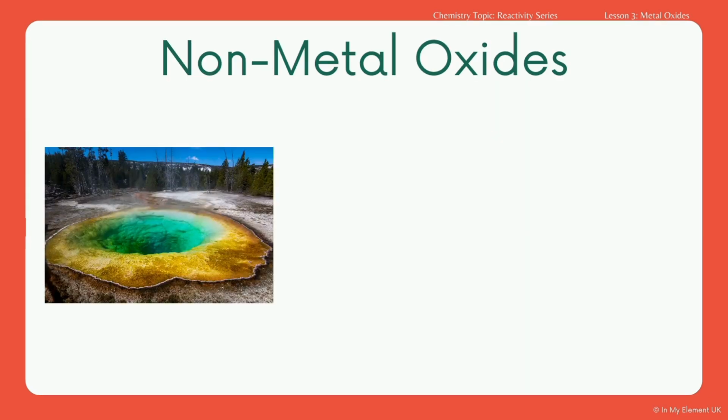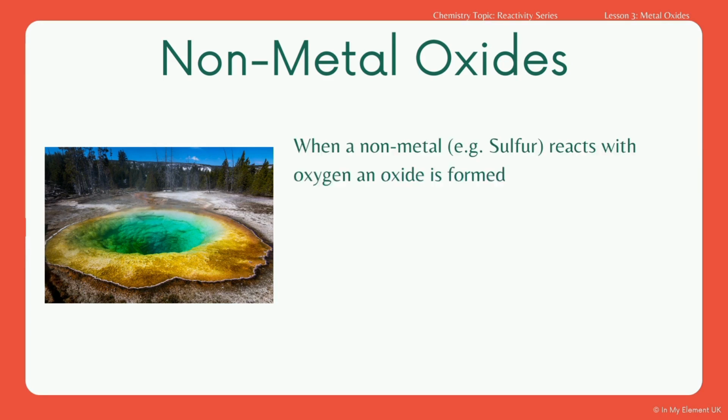Okay, taking a look at the non-metal oxides then. One non-metal that we can talk about is sulfur, and this is a picture of a geyser here with sulfur around the edge where it's been naturally produced. So we'll use that as our example. And again, when the non-metal reacts with oxygen, an oxide is formed. So sulfur reacts with oxygen, and in this case, it will form sulfur dioxide.